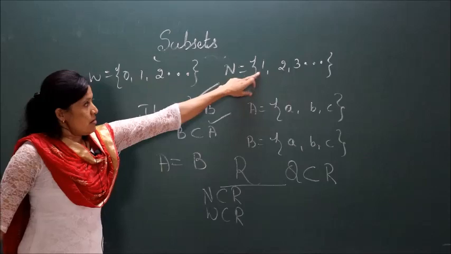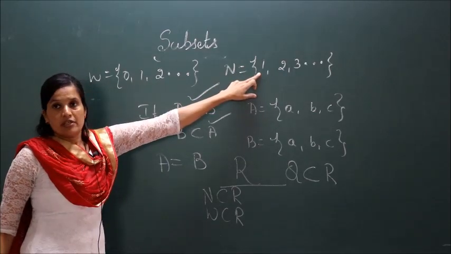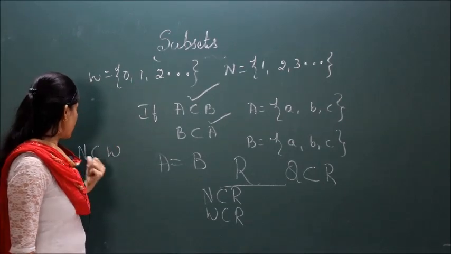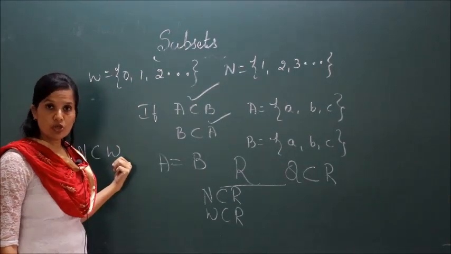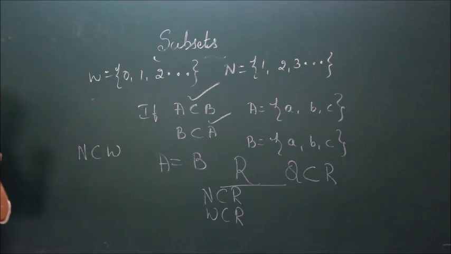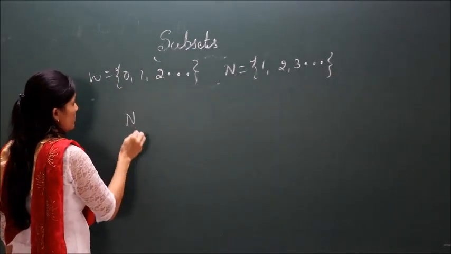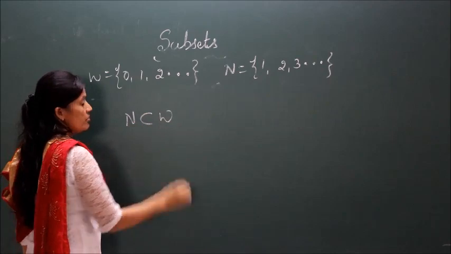See, the elements of natural numbers are contained in whole numbers, right? So natural numbers are a subset of whole numbers.